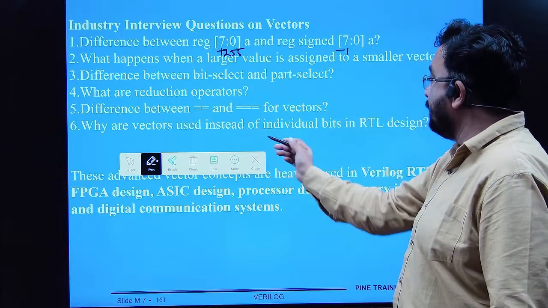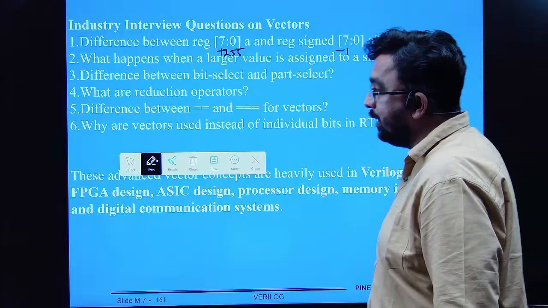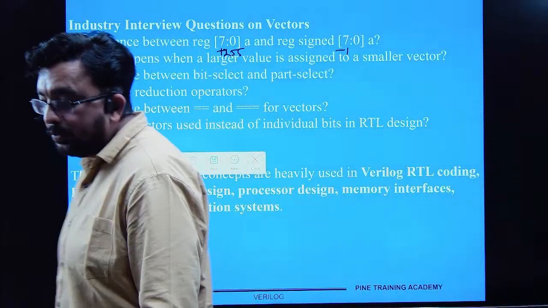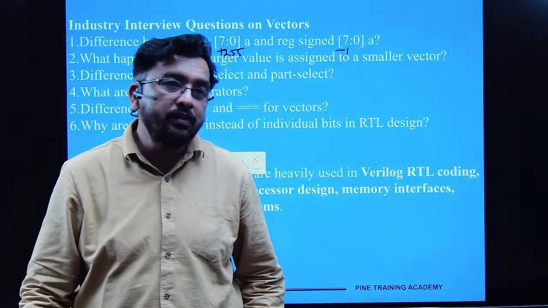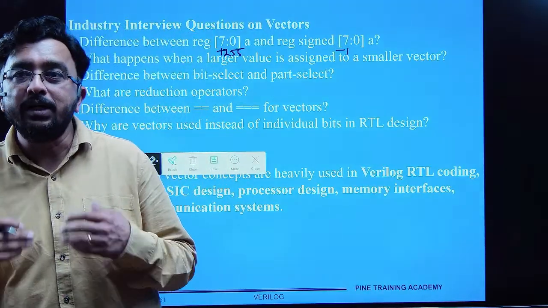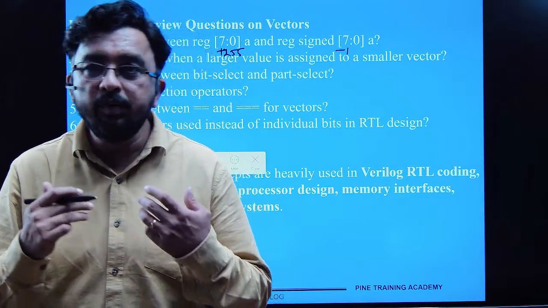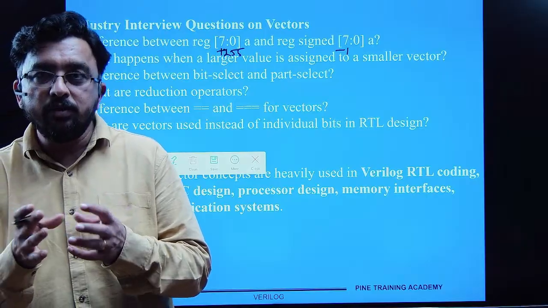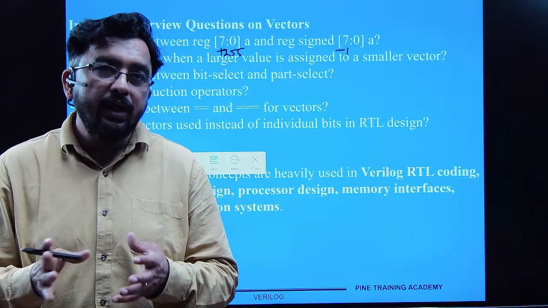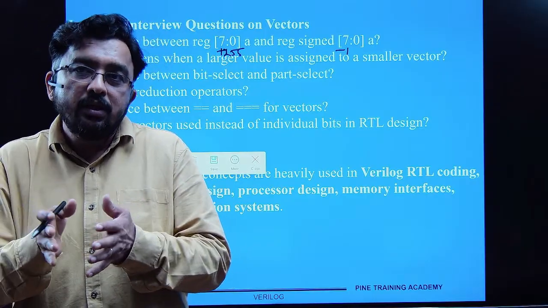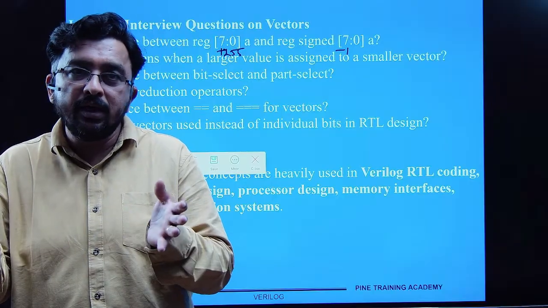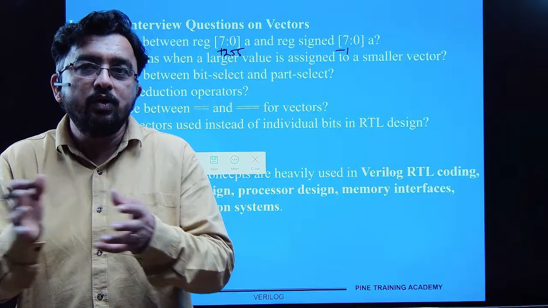Why are vectors used instead of individual bits in RTL design? Because vectors give better flexibility in terms of prototyping the design. Vectors also reduce the coding structure and the complexity.